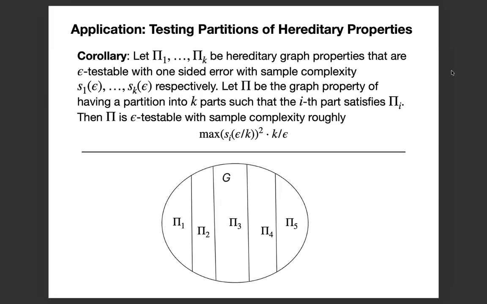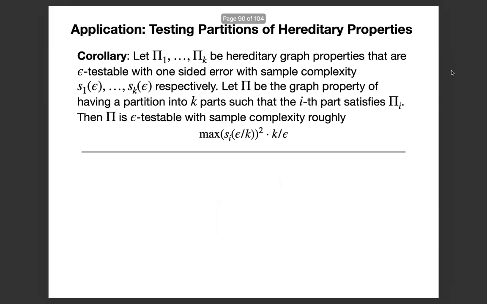So this seems like a very natural thing. And using our equivalence, we can show that if these original graph properties are testable, then you can test this partition property with some sample complexity that just depends on the original sample complexity squared, multiplied by 1 over epsilon.